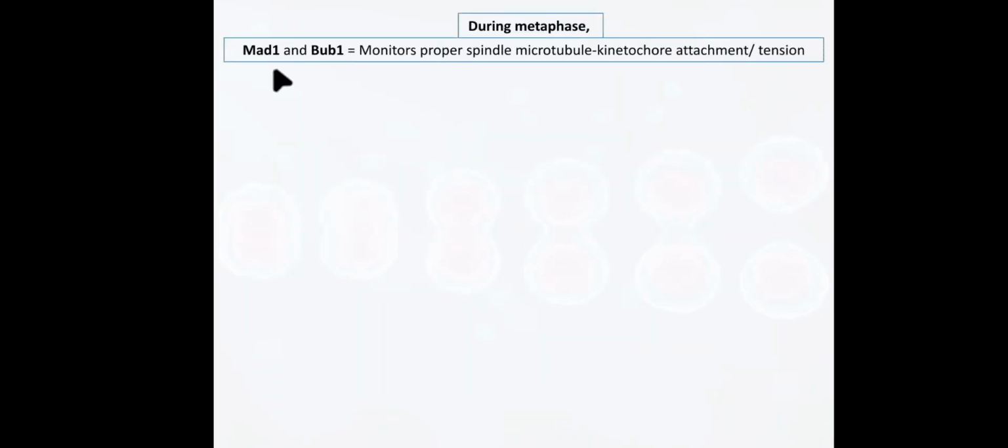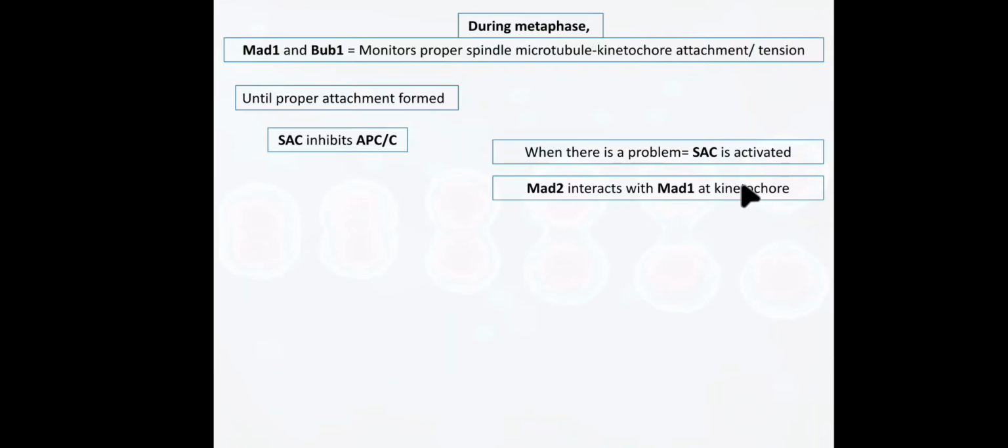During metaphase, MAD1 and BUB1 monitor the proper spindle microtubule kinetochore attachment or tension. Until the proper attachment is formed, APC/C's activity is inhibited by SAC. So when there is a problem, SAC is activated. What happens when SAC is activated?